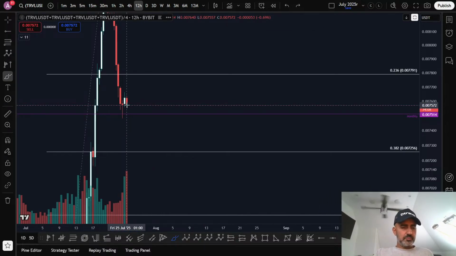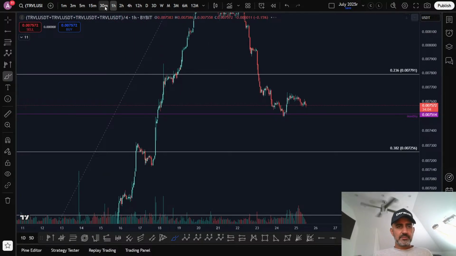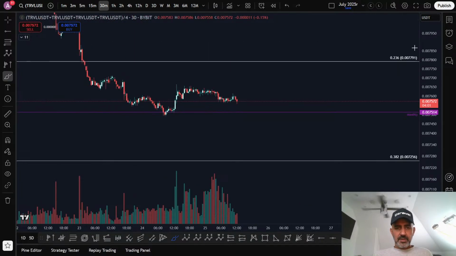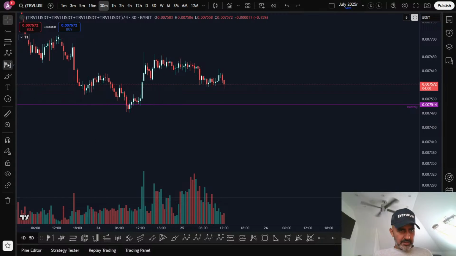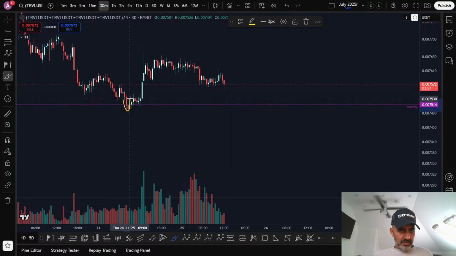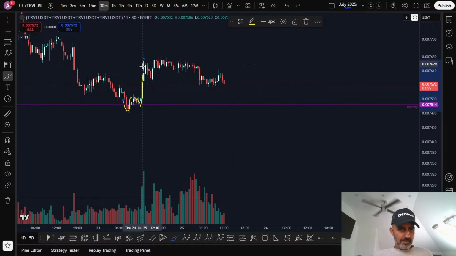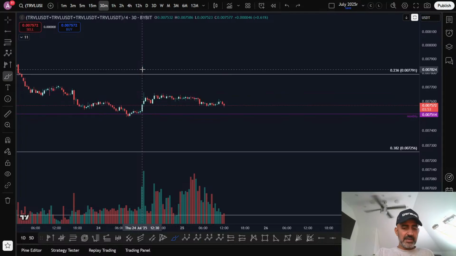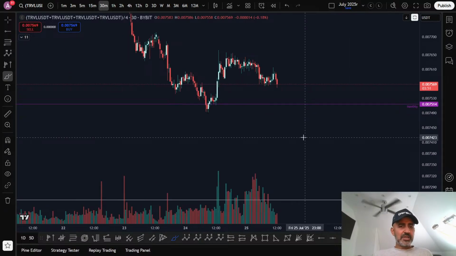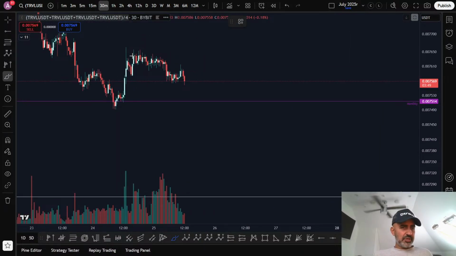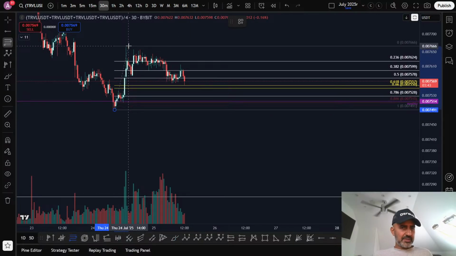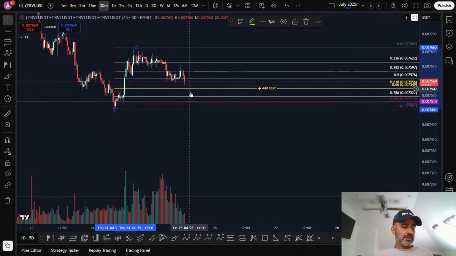And so if we're going lower, we have to lose this level. Look, even on the lower time frame, little fake out, and then look, support, support, support, support, bam. So I had that monthly level. This is how we're going to know, in the 30-minute time frame, and actually we're at a good place right now, because we're at the golden pocket.